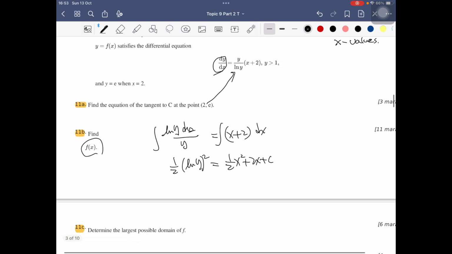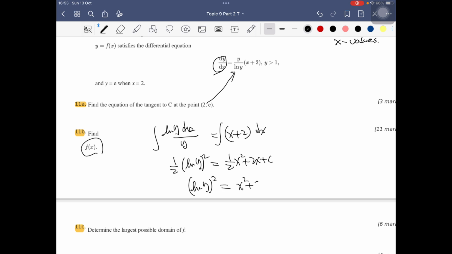So ln y squared equals x squared plus 4x plus c. Let's just call that constant c.